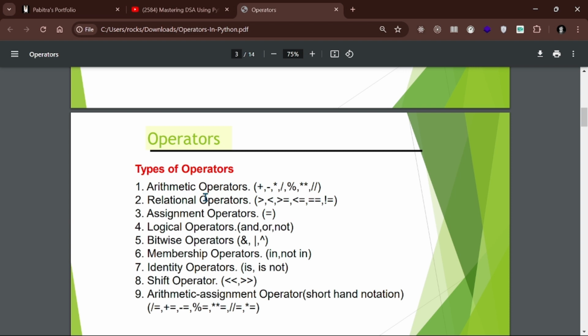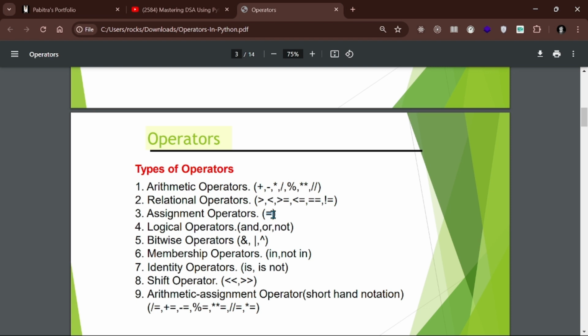These are perfect for making decisions in our code based on the values of our variables. Now we have assignment operators. This one is a bit straightforward. It's simply the equal sign, the single equal sign basically. But don't let the simplicity fool you. This operator is crucial for assigning values to variables and keeping our code organized.